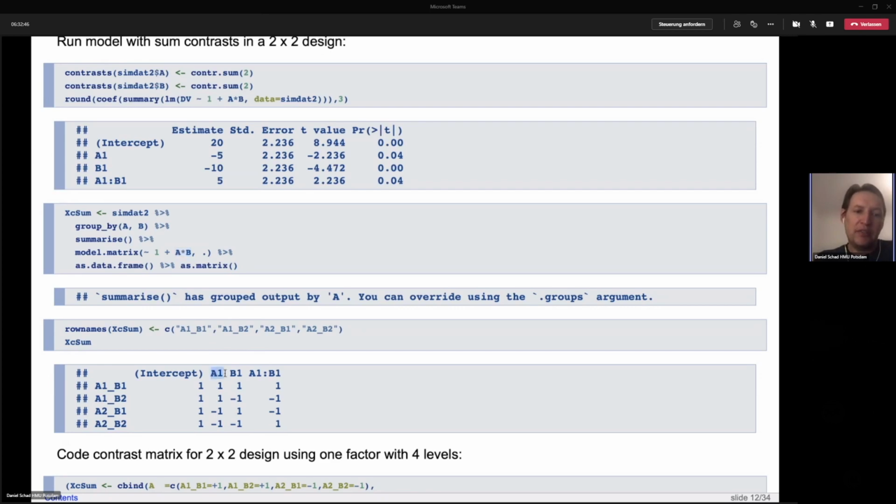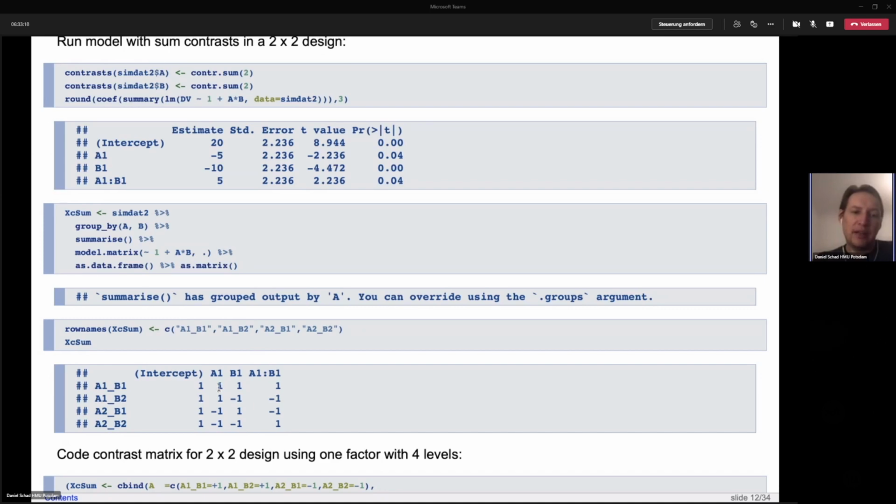We first get an effect for A: wherever there's A1, it gets a +1, and when there's an A2, it gets a -1. And then we get a main effect for factor B. This is 1, -1, 1, -1. So B1 is +1 and B2 is -1.